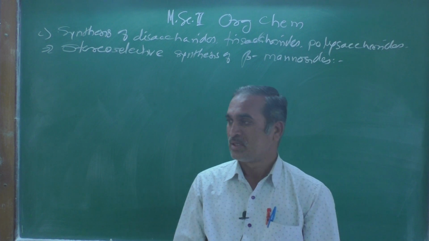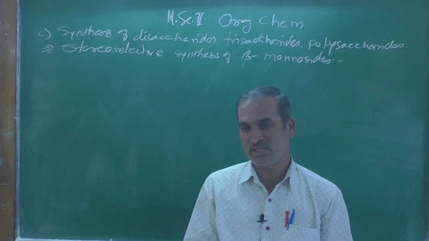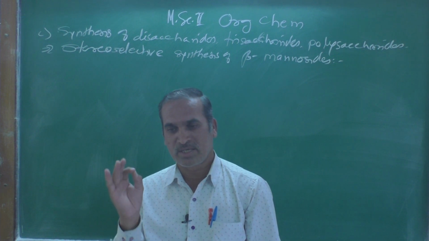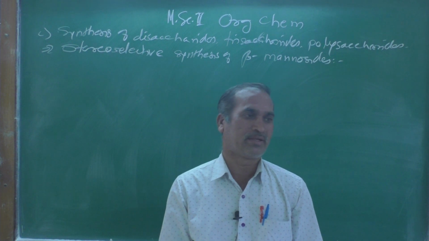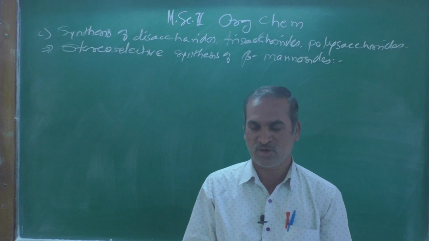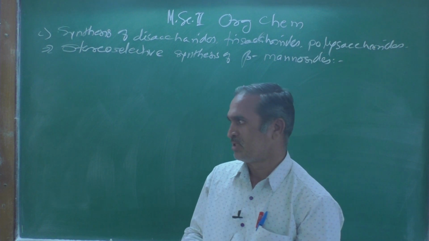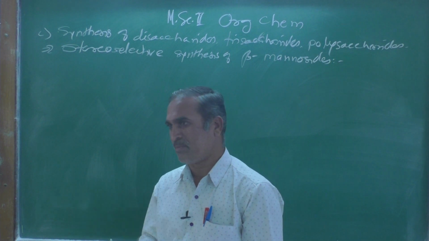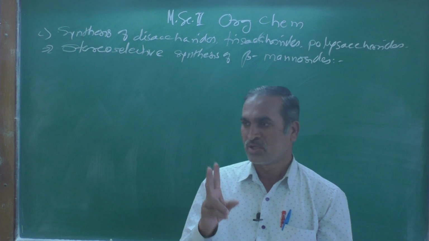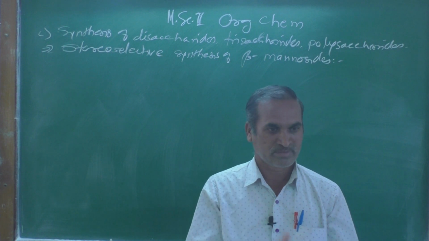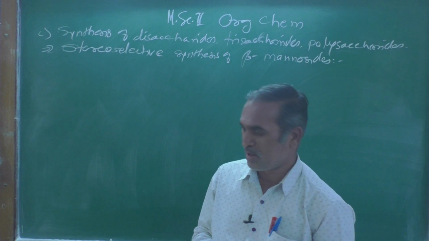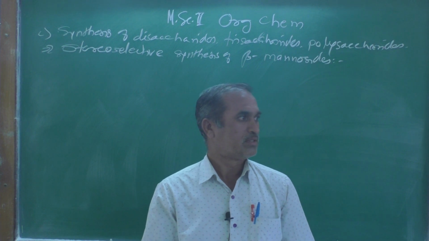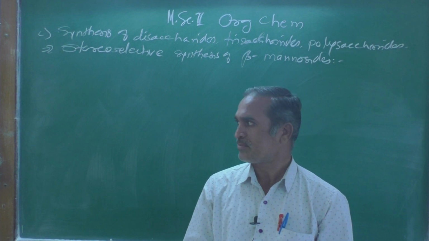The word itself suggests that disaccharide means two. Another one is trisaccharide. On hydrolysis of a trisaccharide with dilute acid or specific enzyme, it gives rise to 3 units of carbohydrates, so that type is called a trisaccharide.